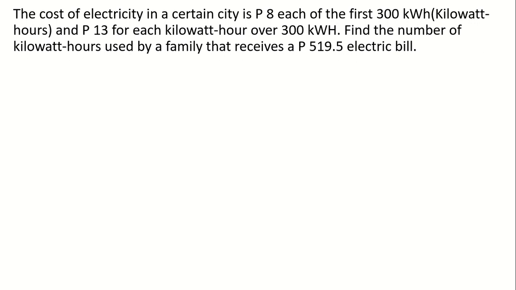It says here the cost of electricity in a certain city is 8 pesos for each of the first 300 kilowatt hours and 13 pesos for each kilowatt hour over 300 kilowatt hours. Find the number of kilowatt hours used by a family that receives a 519.5 electric bill.